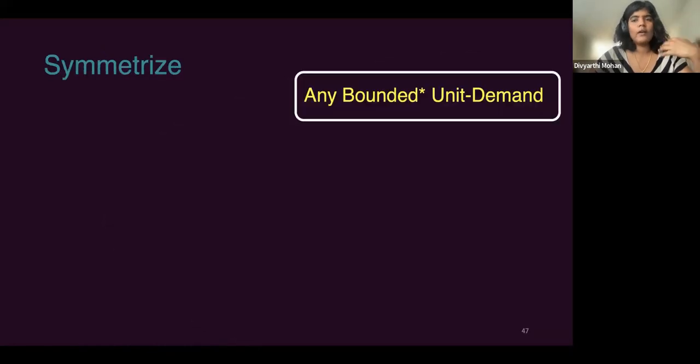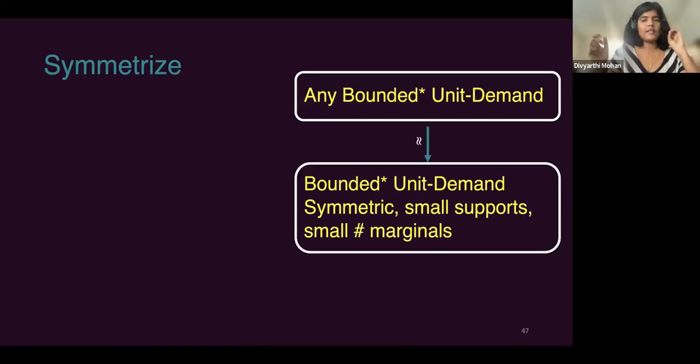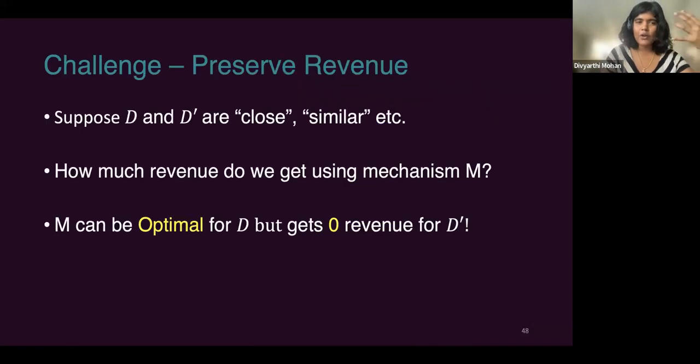So you might think, why can't we do some sort of transformation to go from any bounded distribution to a close symmetric distribution and then use the previous results? The challenge here is that it is very important what we mean by close, because just because two distributions are close in some sense does not mean that their revenue is going to be preserved.